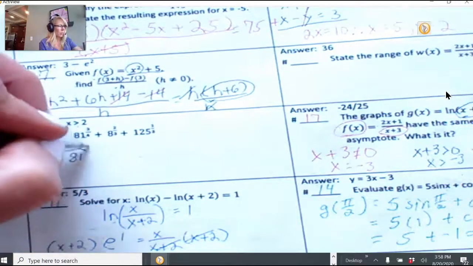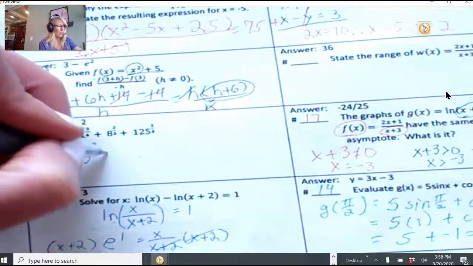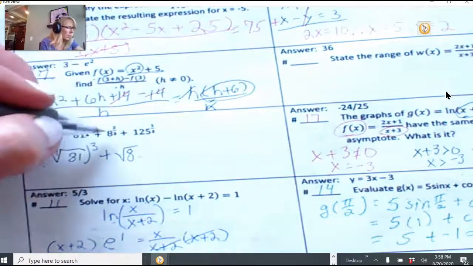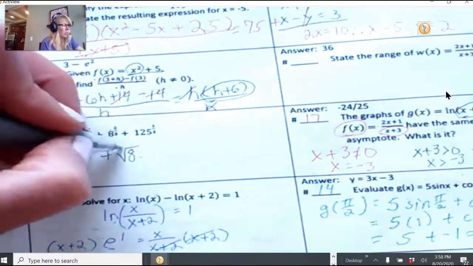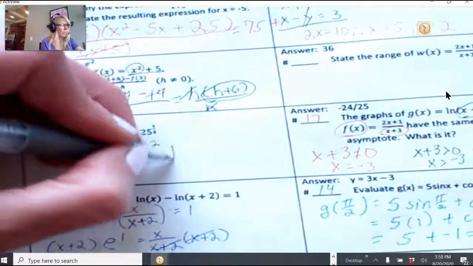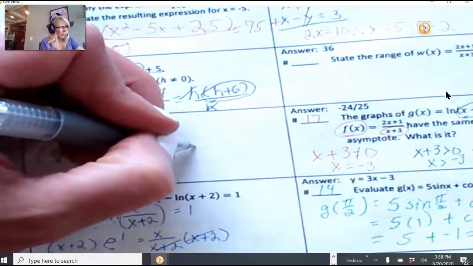And so it's the 4th root of 81 to the 3rd power. Next one would be, got the 8, and that's going to be a cube root to the 2nd power, plus 125.